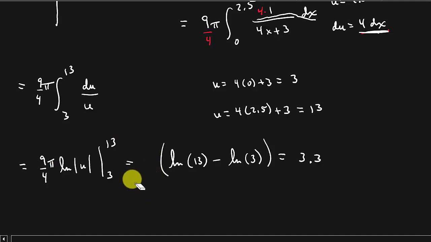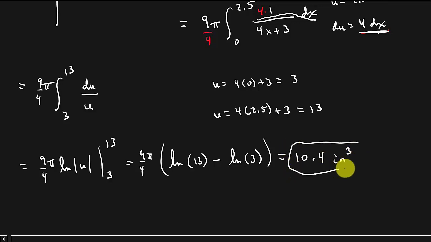Let's erase this. 9/4 pi. And so if I multiply that times pi, we actually get 10.4, and that's going to be cubic inches.